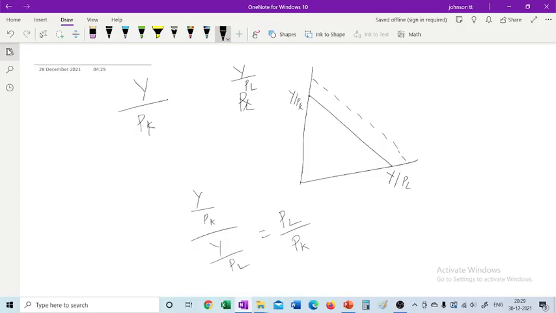Now another situation, suppose the price of labor increases. Then what happens to the iso-cost line? Suppose this AB is the iso-cost line, then this point B will be shifted to the left. A remains the same. There is no change in the price of capital, but there is a change in the price of labor.